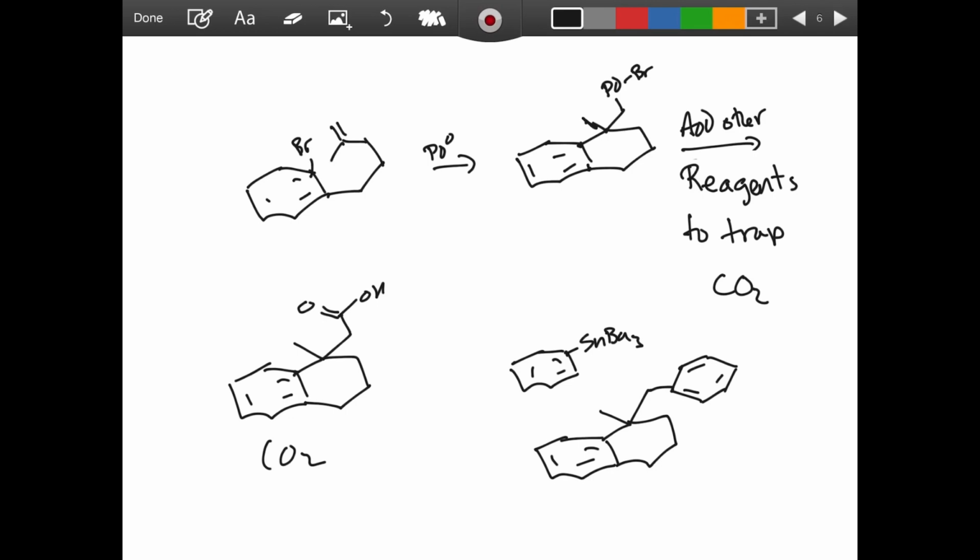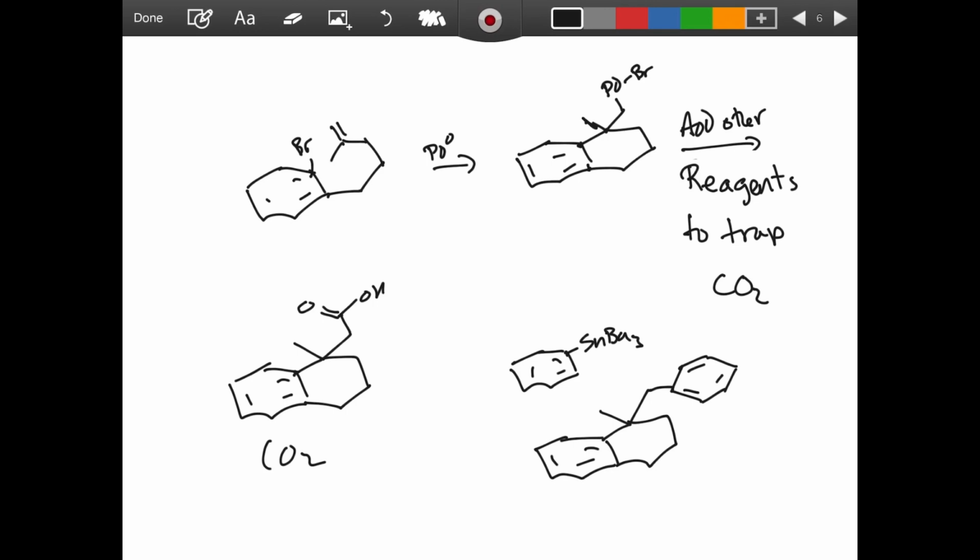So there's a bunch of things you can do if you have your palladium trapped and it can't do a beta hydride elimination. It's just stuck there waiting on you to give it some reagent so it can get off that and turn the catalytic cycle over, hopefully. So those are kind of your Heck reactions. Oh, I guess I did both examples.